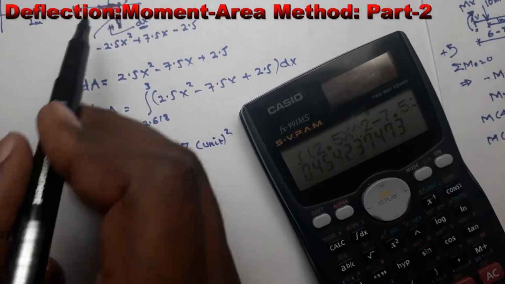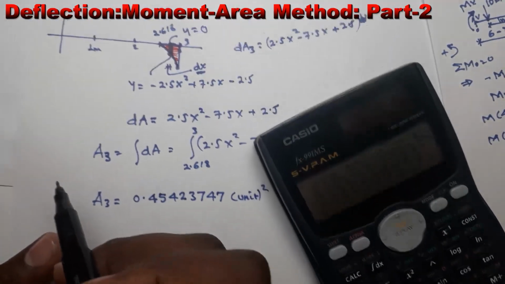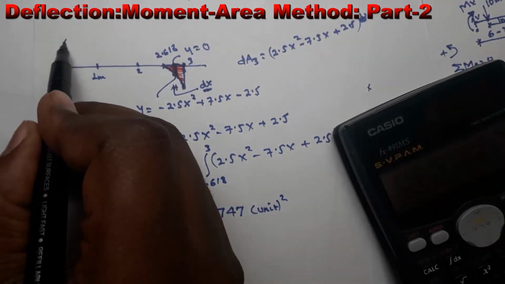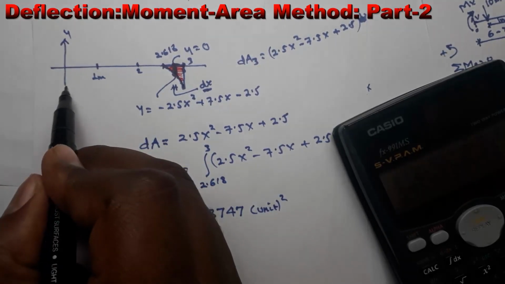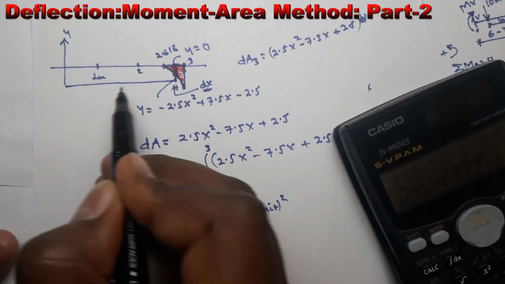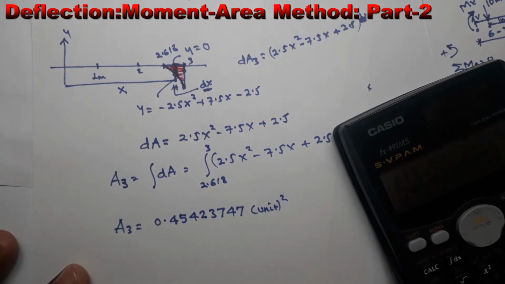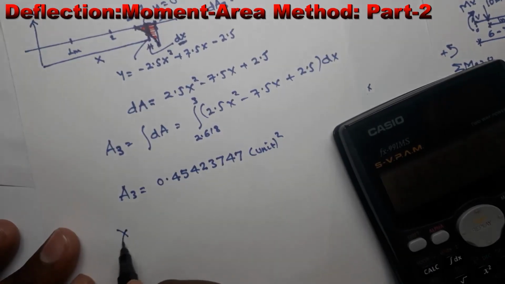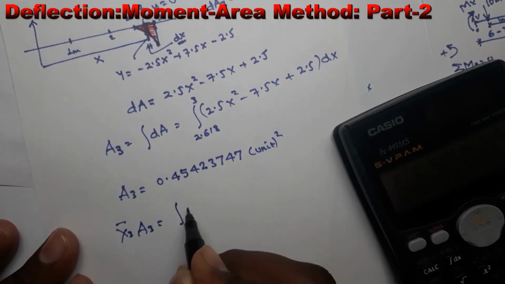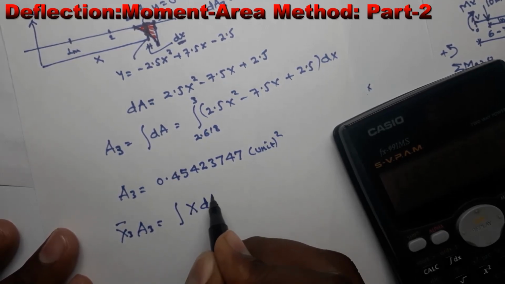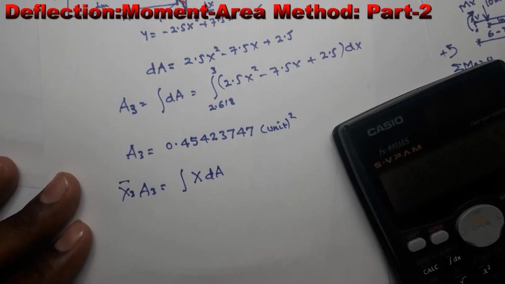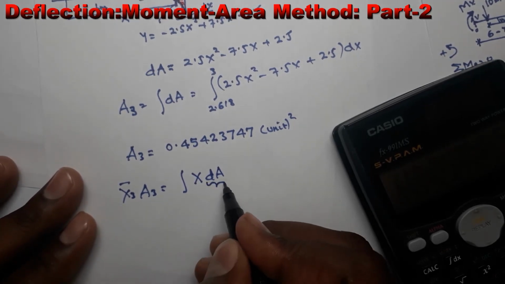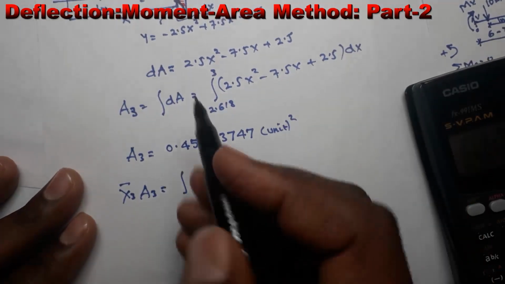So now let me determine the centroid of this area. Again, the distance from my reference up to my differential element is x. So we know that x bar 3 times area 3 must be equal to the integral of x times dA. dA is already known, it is this one.